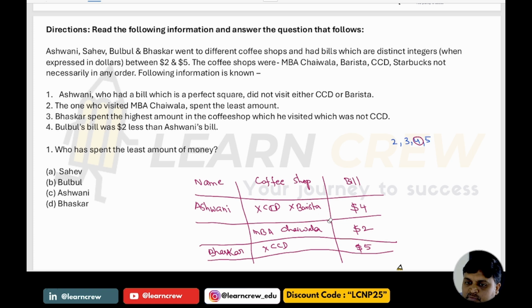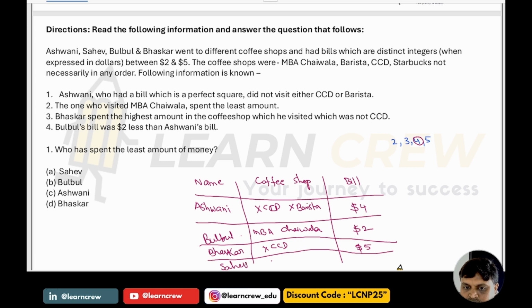So Bulbul's bill would be $2 less, which means 4 minus 2, which is $2. So the person who is left, sorry, it is Bulbul now. Bulbul's bill is $2 less. So it is Bulbul. Right? So finally the person who is left, the other person, is Sahib.